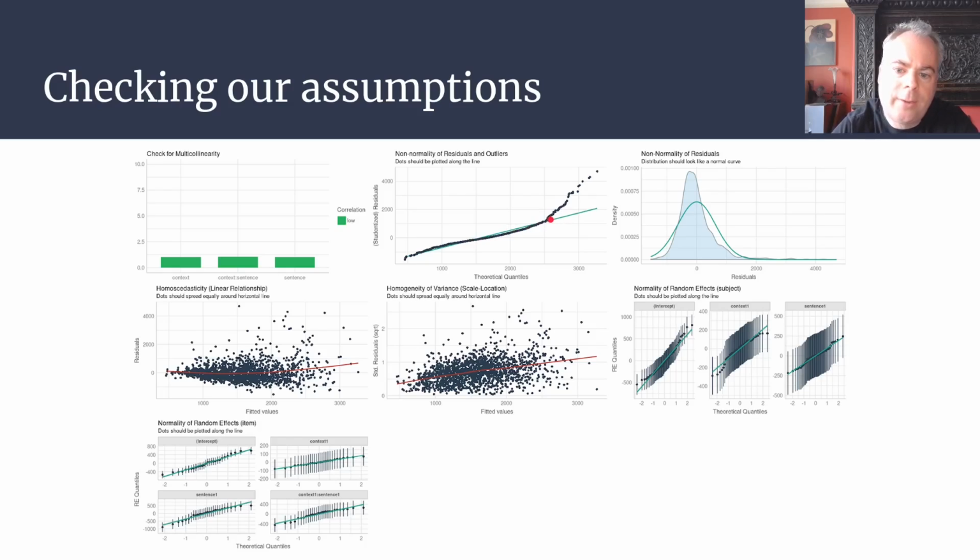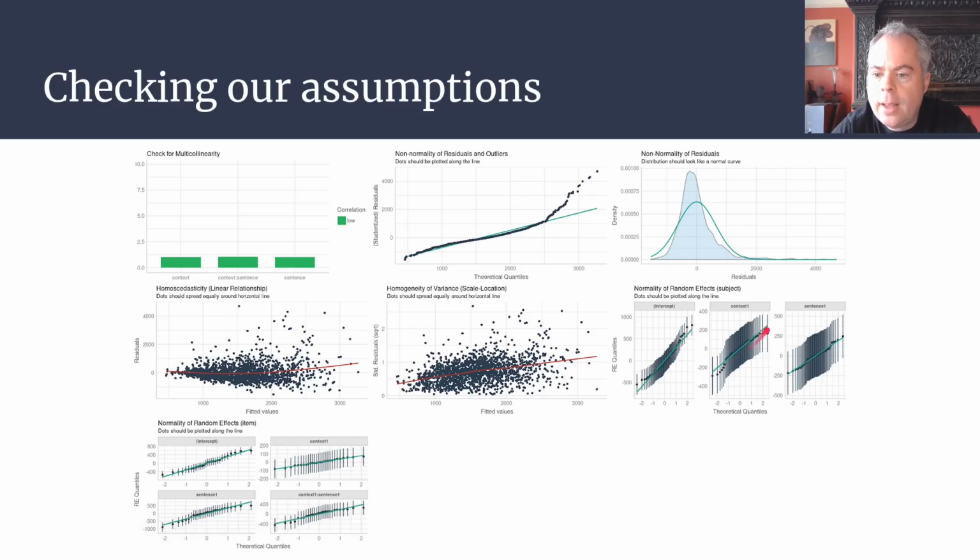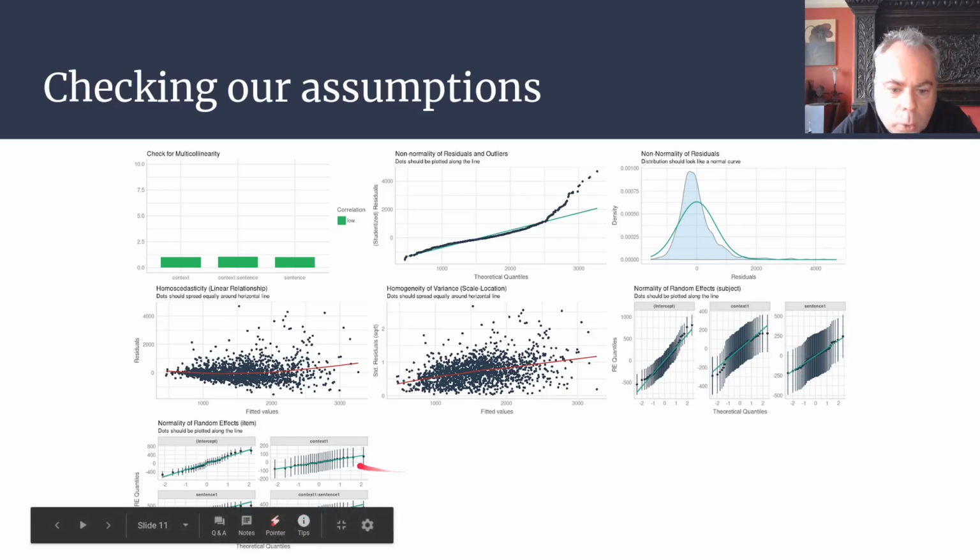At about that mark, the normality of our residuals seems to drop off. So our model is pretty good up to that point, and it seems to be the tail of our distribution that is causing problems. We also get information about the normality of our random effects by subjects and by items, and they look pretty good as well, because we're expecting the dots to follow the solid turquoisey line.